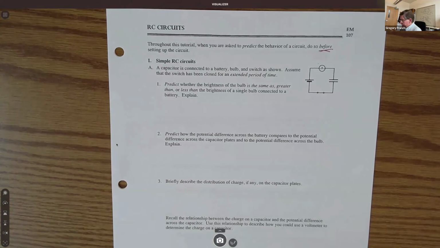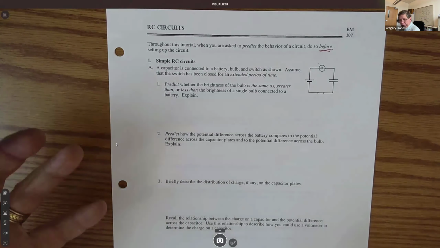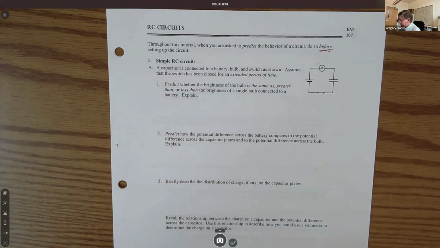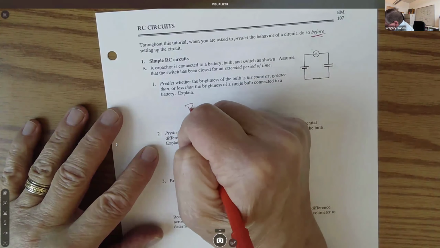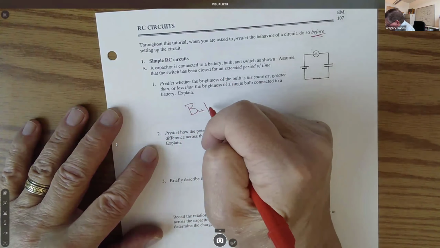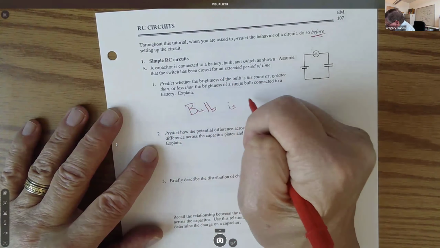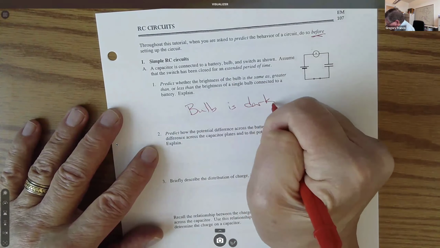It's as bright as that single bulb circuit. And then over time, as the capacitor fills, as the capacitor gets charged up, the bulb gets dimmer and dimmer and dimmer until it goes dark.